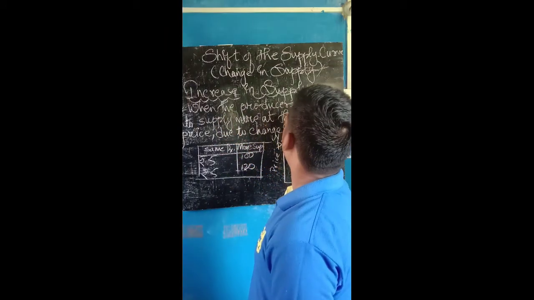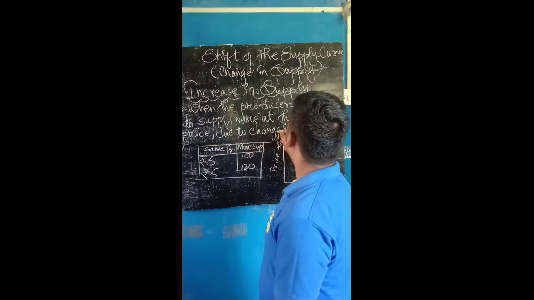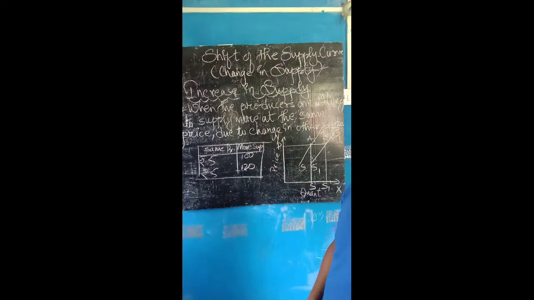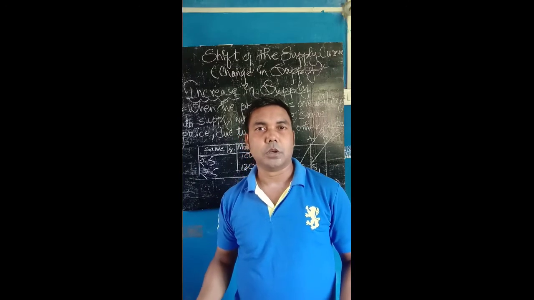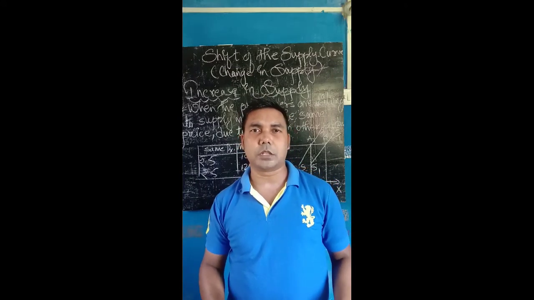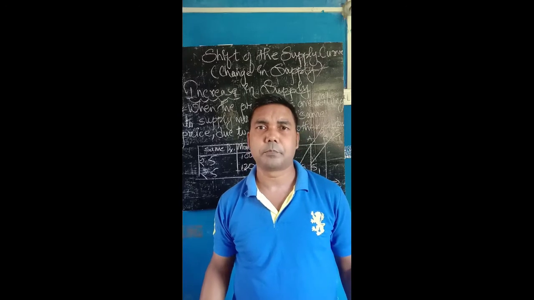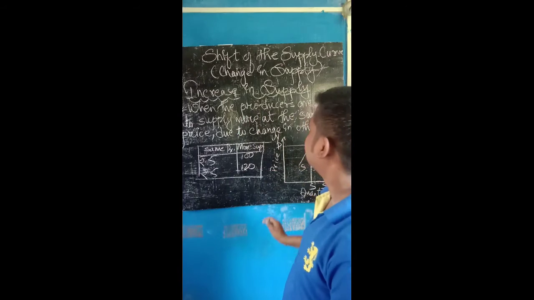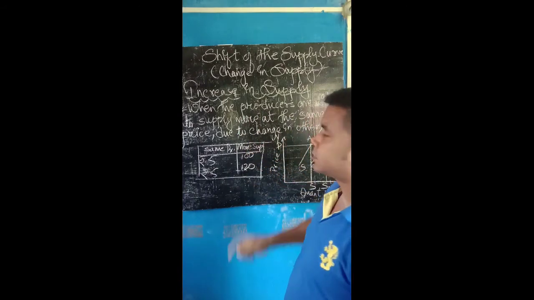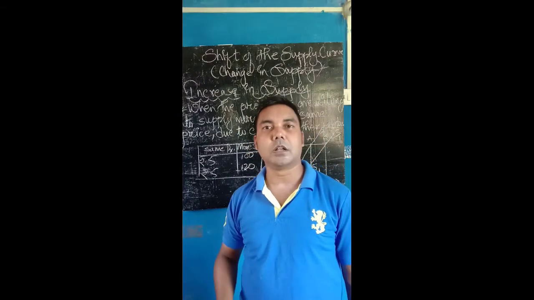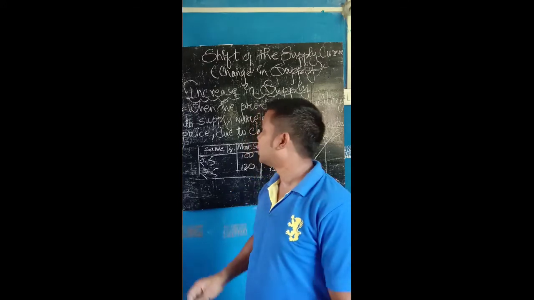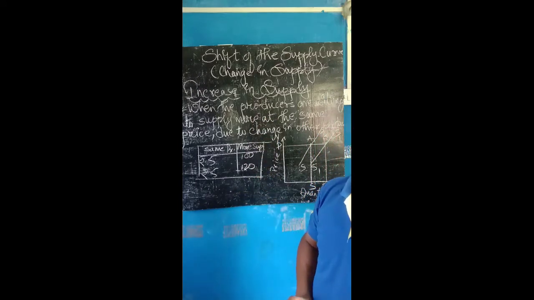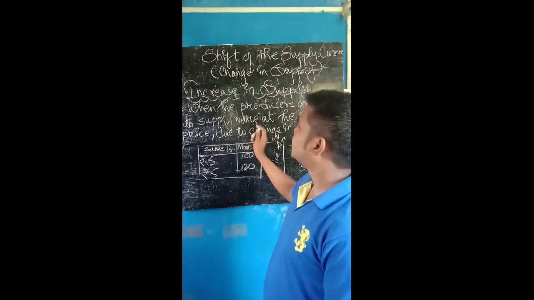So when the producers are willing to supply more at the same price, the price is the same, but what is changing? Other factors. Due to change in other factors, it is called an increase in supply.